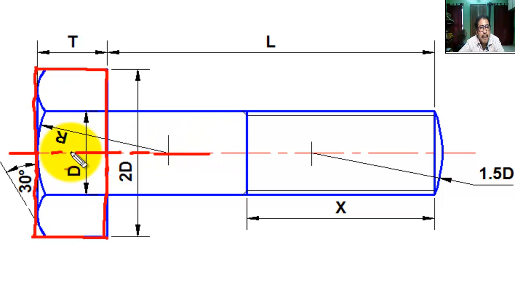Next D by 2, D by 2, draw two parallel lines.